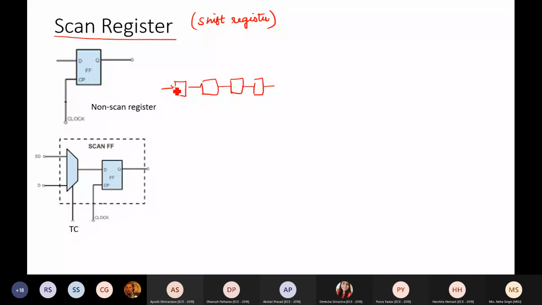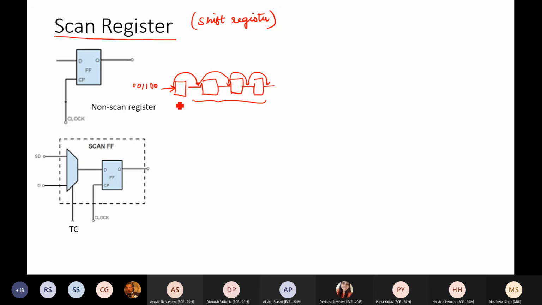So that if I provide any input here to the first flip flop, this will be shifted to the next flip flop, then shifted to the next, so that I can easily test the working of the flip flop by providing some input sequence. 0 0 1 1 0 0 जैसे ही मैंने इनपुट पे दिया, and if it is passed on clearly without any fault out of these 4 flip flops, इसका मतलब मेरे ये चारों flip flops सही काम करेंगे even in my circuit. So the fault on these flip flops is easily observed if I use them in the form of a scan chain or a shift register.